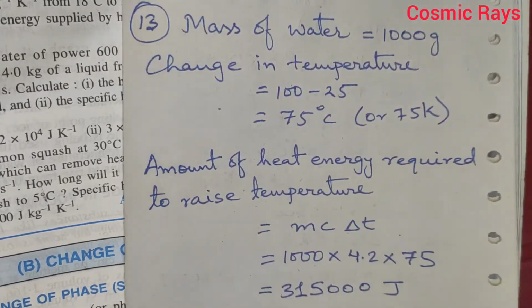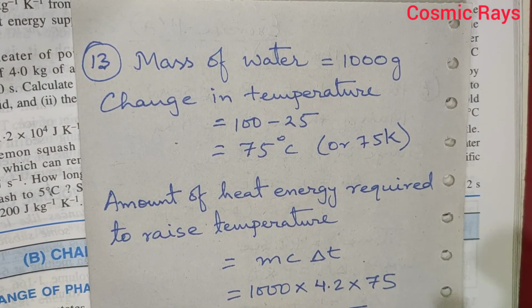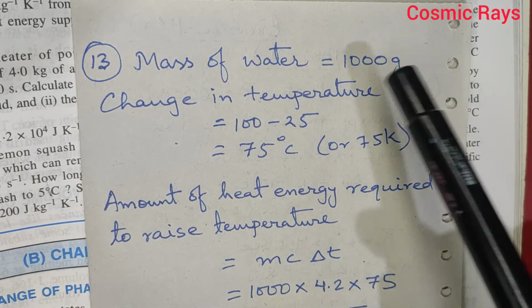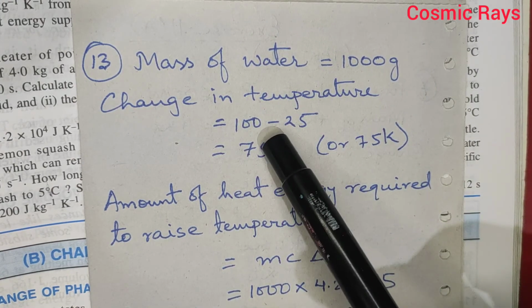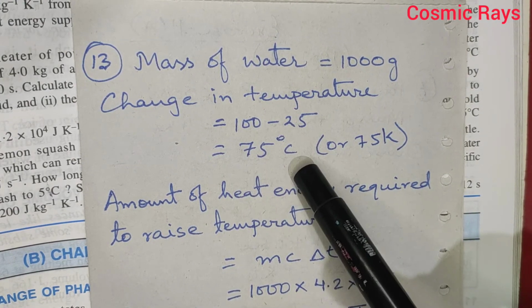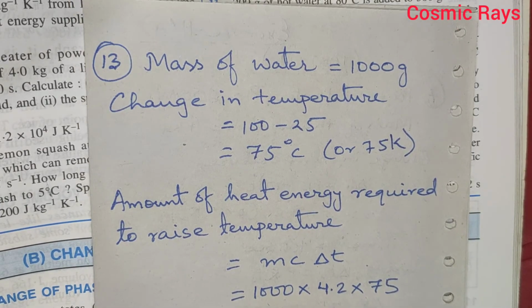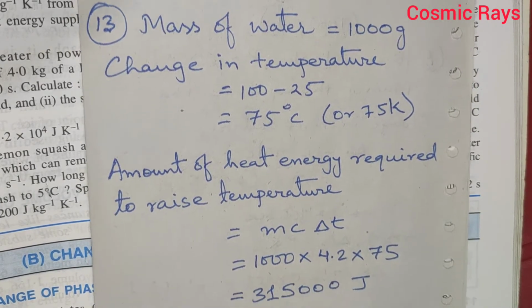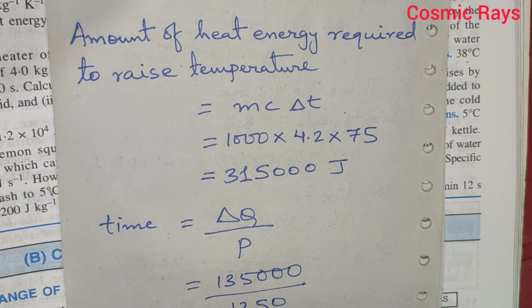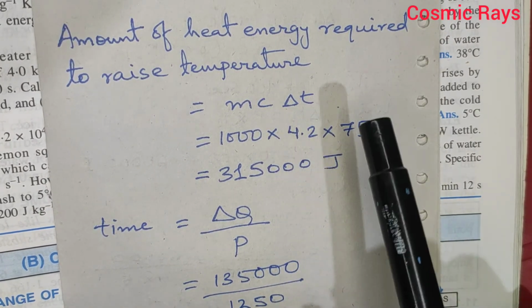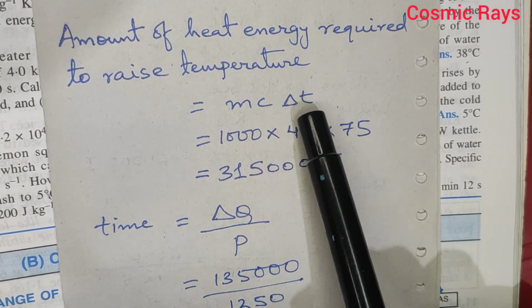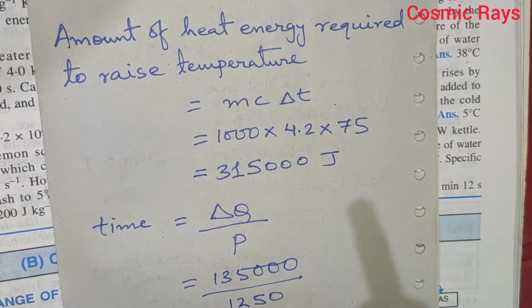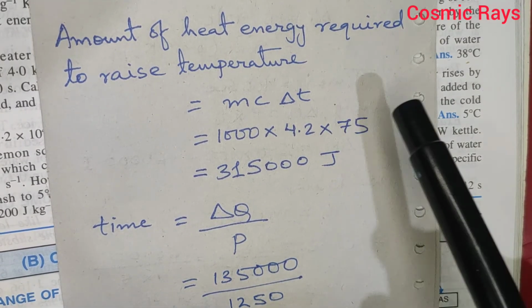So here we have written the given things. Mass of water is 1000 grams. Change in temperature is 100 minus 25, that is 75 degrees Celsius or 75 Kelvin. Amount of heat energy required to raise the temperature, that is delta Q, is equal to m c delta T. This is what we know from the formula.